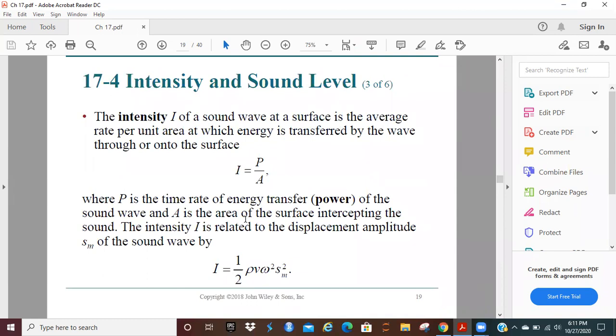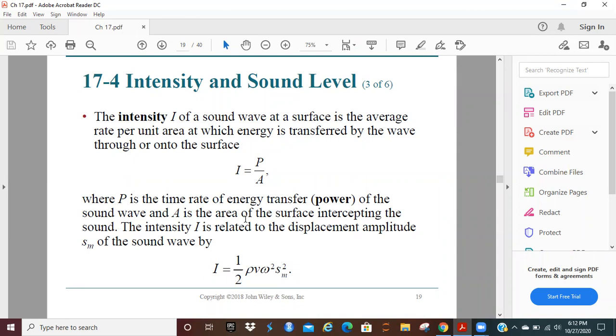Okay, intensity and sound level. The intensity of a sound wave at a surface is the average rate per unit area at which energy is transferred by the wave through or onto the surface.